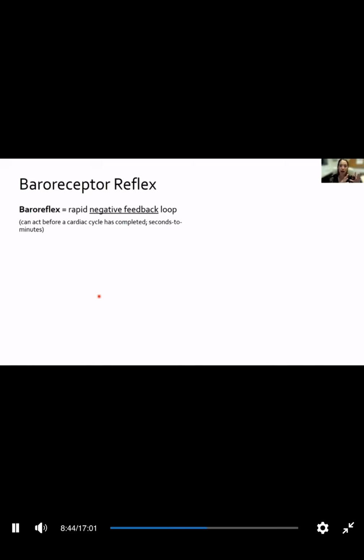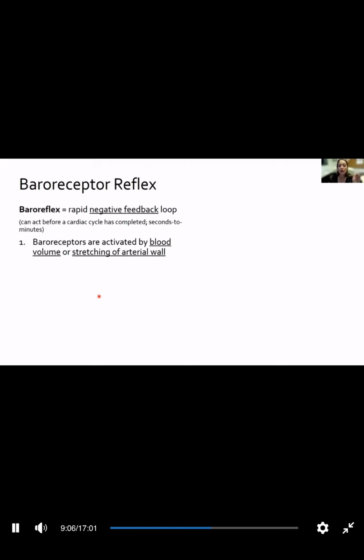So a high increase in baroreceptor activity indicates a downregulation of pressure. That's why it's a negative feedback loop. But this is very, very fast, all right? So this can complete before a cardiac cycle has been completed. So it takes seconds to minutes for the baroreflex to occur.